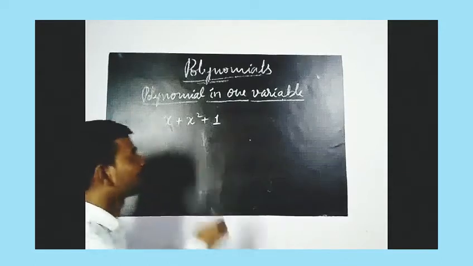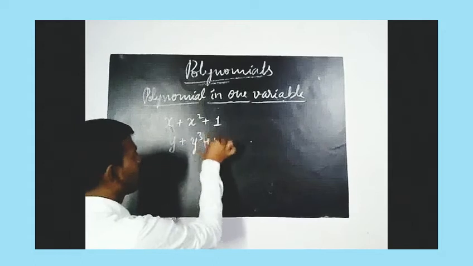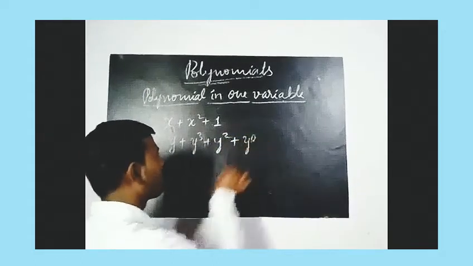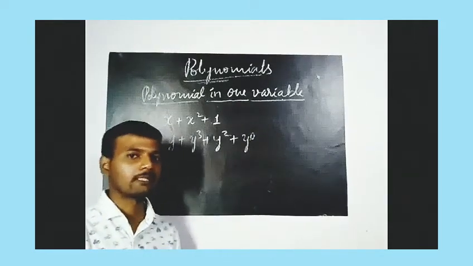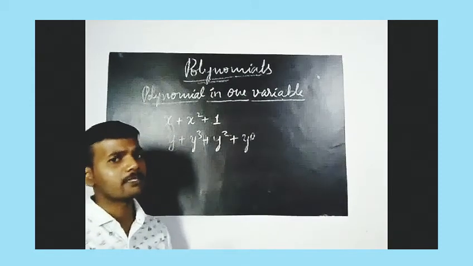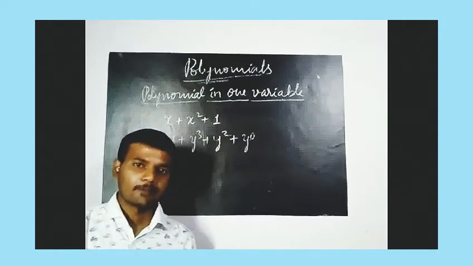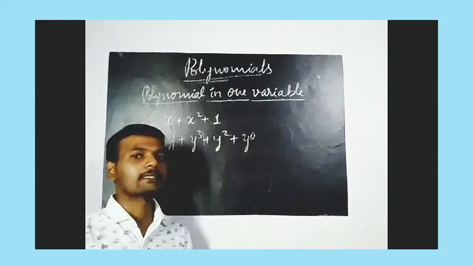It is also a polynomial in one variable, where the variable here is y. These are polynomials in one variable. And a point you must remember, as the question may be asked: which of the following is a polynomial?